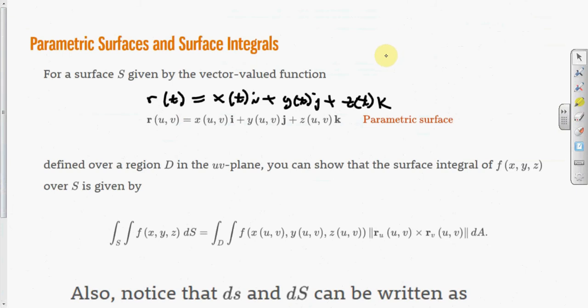So u may shoot out from a point here, and v may shoot out in that way from that same point. If that be the case, then there's an angle, theta, and these two vectors form, for us, a parallelogram.